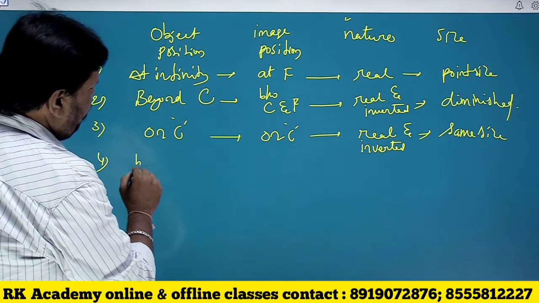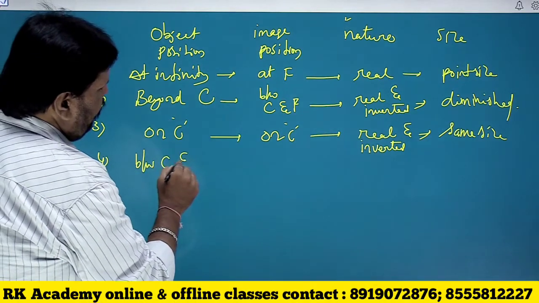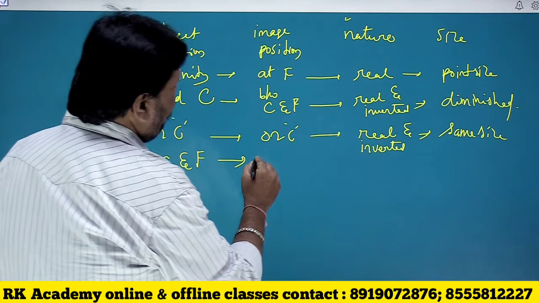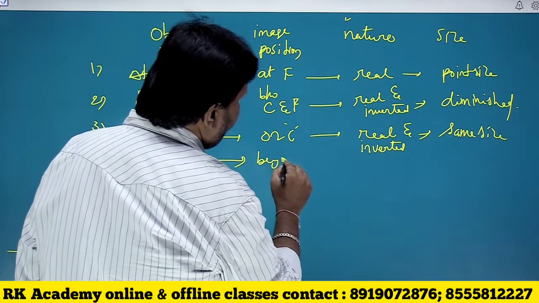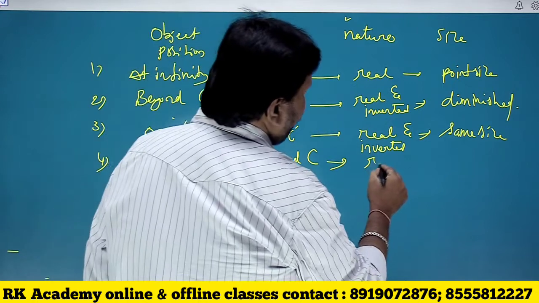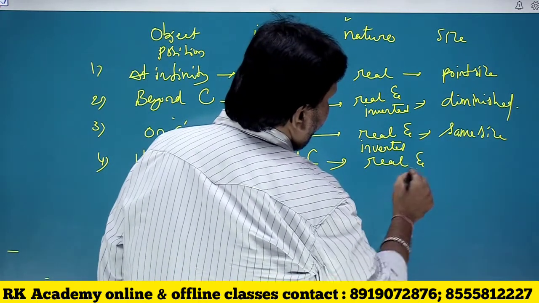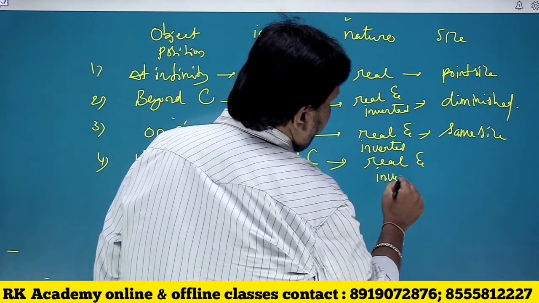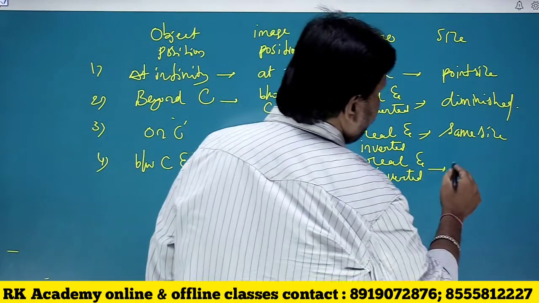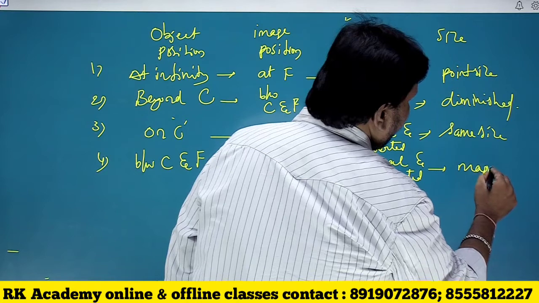If the object is in between the center of curvature and focus, that image will be formed beyond the center of curvature. So this is real and inverted. This is magnified.